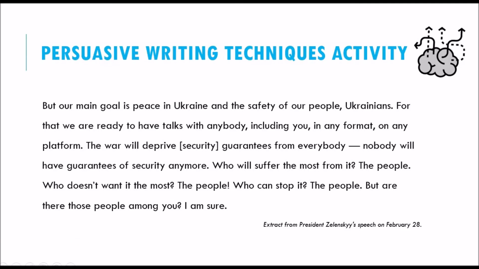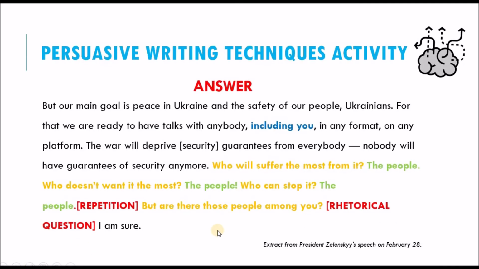All right, so you would have taken your minute, or I hope you did. And so let us look at the answer. Now, I've color coded my response. In looking at it, we saw rhetorical questions in yellow over and over. For those of us who might not know, a rhetorical question is a question that is asked but does not require an answer.